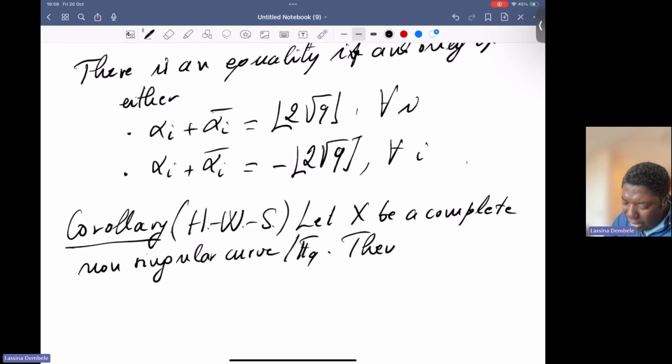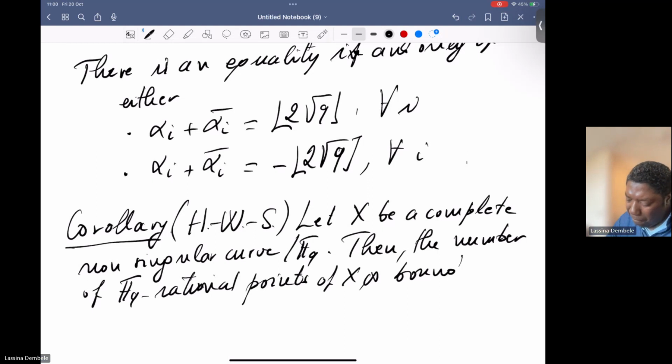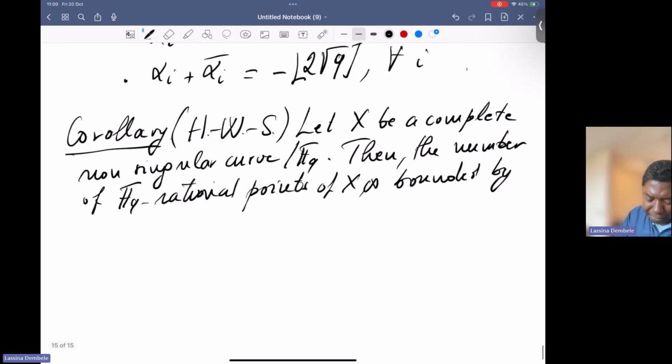Then the number of Fq-rational points on X is bounded by the following inequalities.